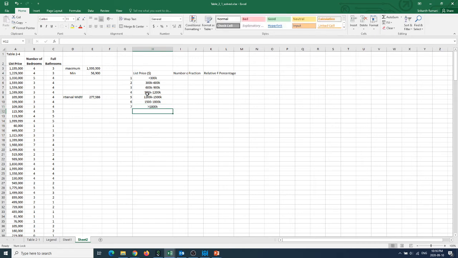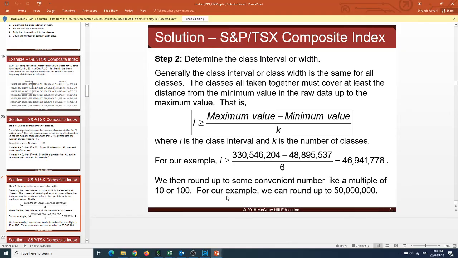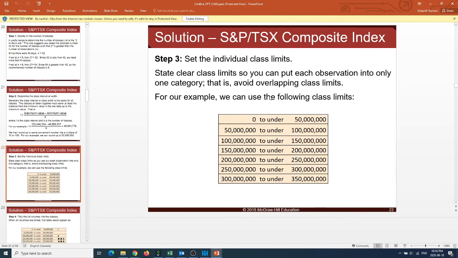Okay, so this is how you decide your classes, and these are the intervals. And it's important to make sure that the classes do not overlap. That's your next step: set the individual class limits. This is how they're specified.